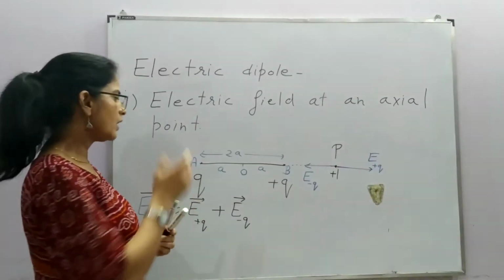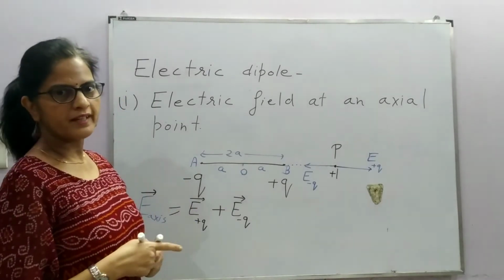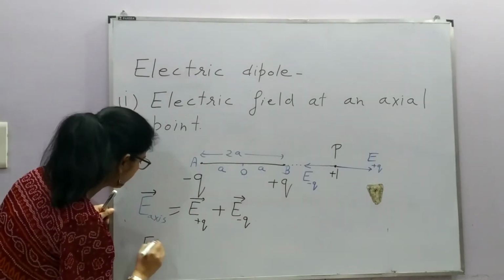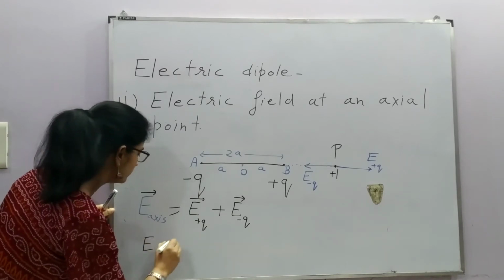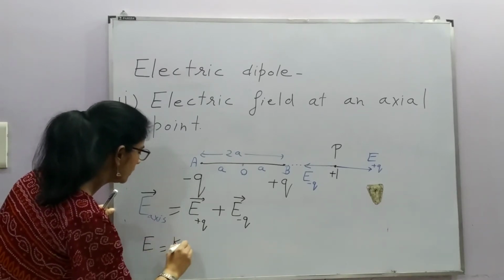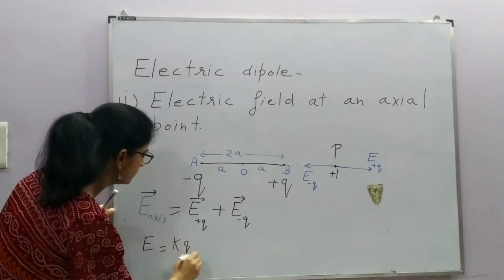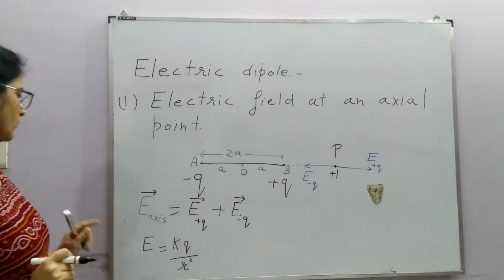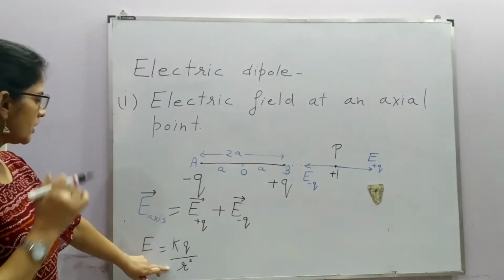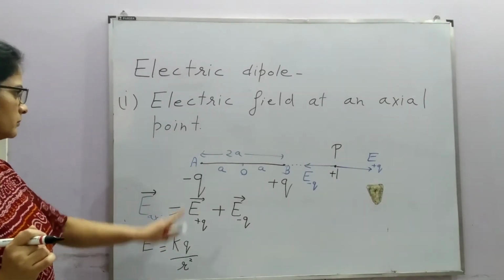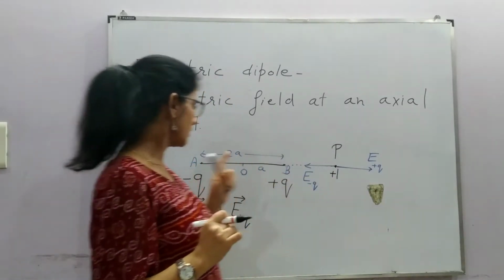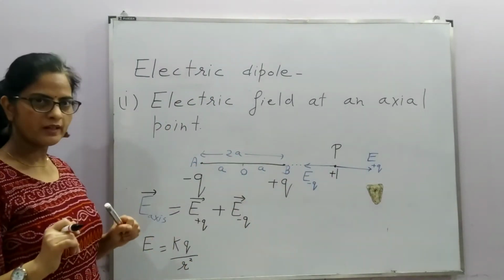Right? Now, what is the formula for the electric field? We know that electric field is equal to KQ upon R square. Right? Now, if I want to write the electric field due to plus q and minus q charge, we know that electric field is a vector quantity.